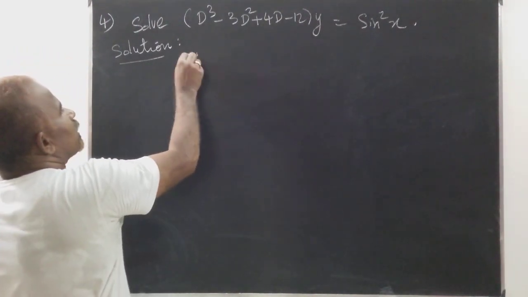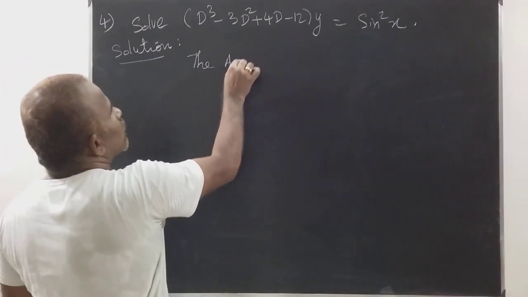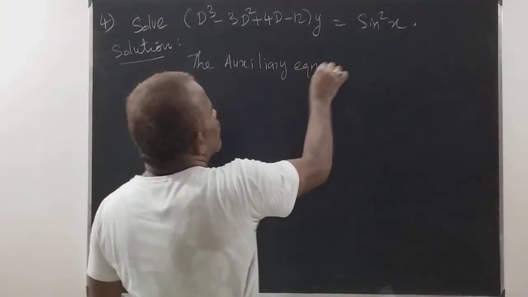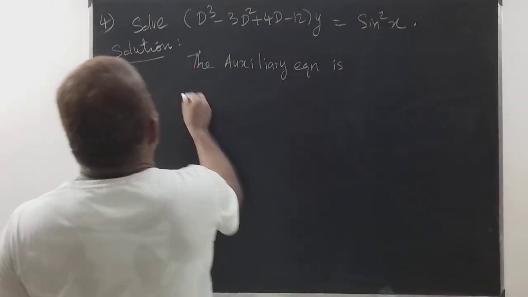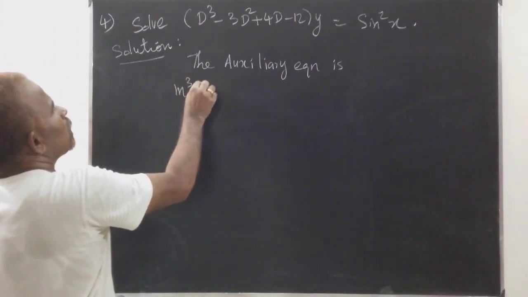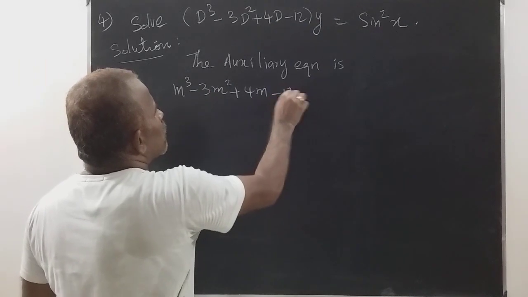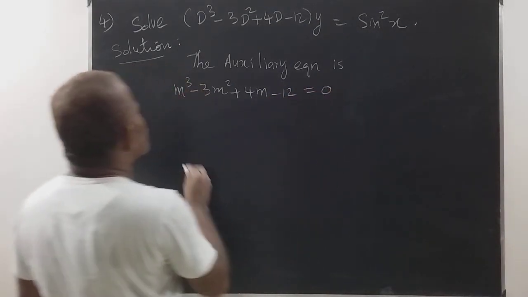So as usual, the auxiliary equation is m cube minus 3m square plus 4m minus 12 is equal to 0.